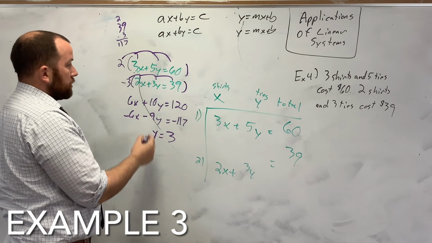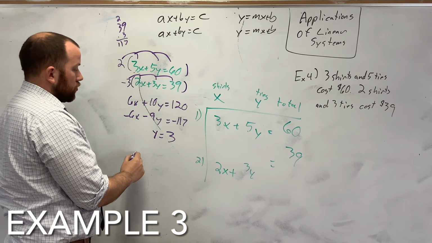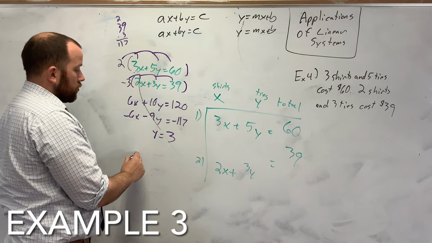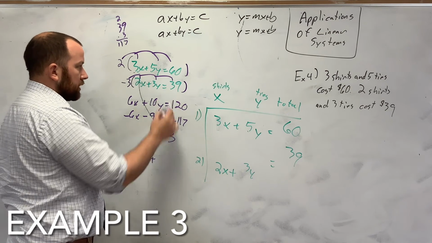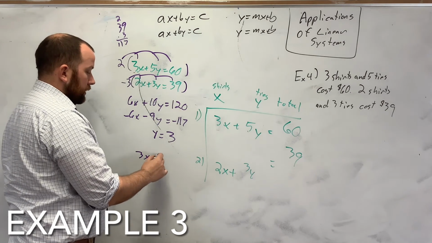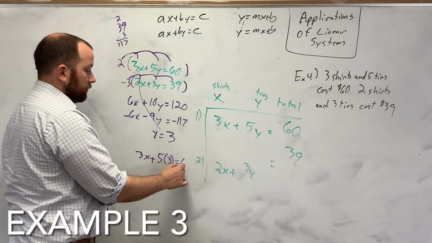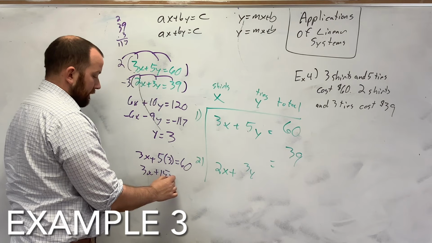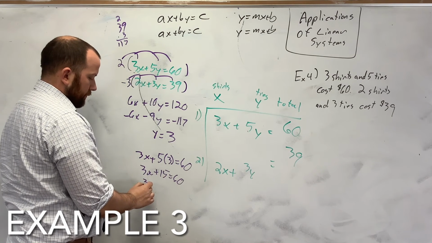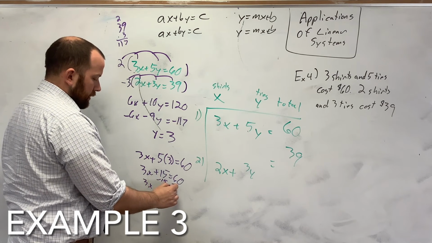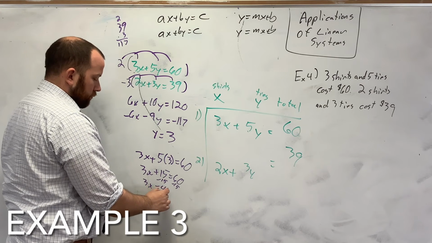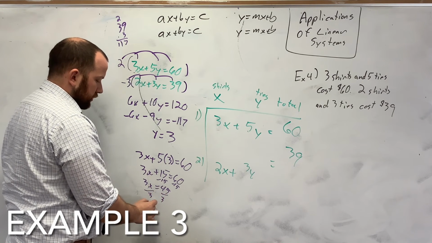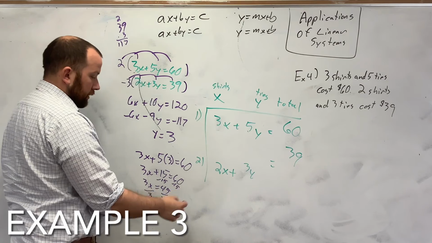So take 3, substitute back in. I'll do the top one because I don't like the number 39. Doesn't matter which one you do. So x equals 15.